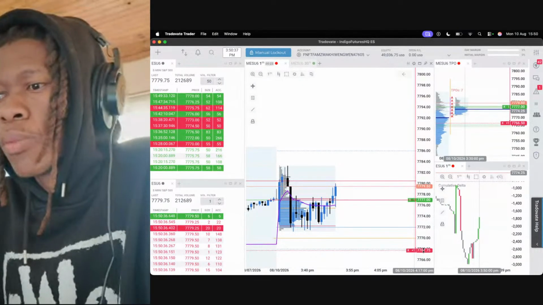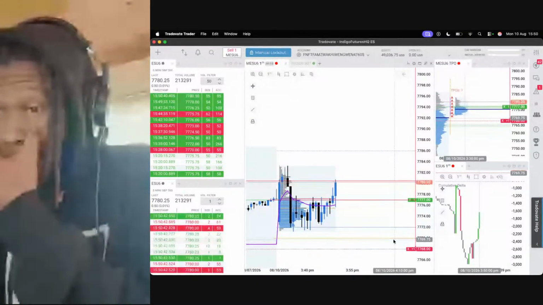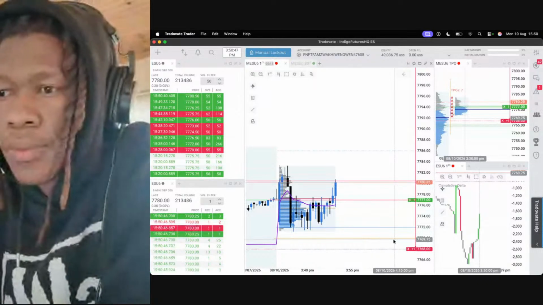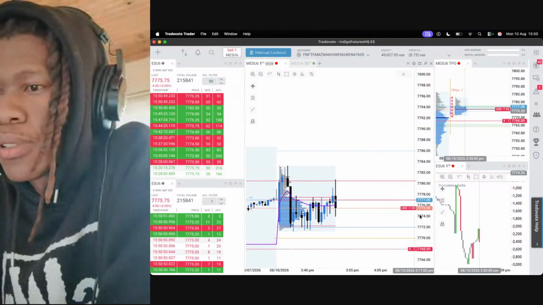I'll put a stop at the overnight value area low. Let's see if we get a retest of, oh shit.